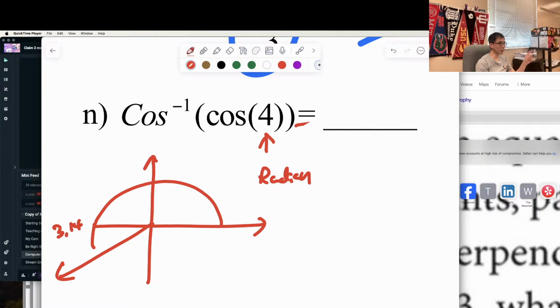Yeah, but what's cosine in quadrant 2? Negative. Why is 4 there? Well, that's a good question. You should ask that. 3.14 is right here because of pi, right? Pi is 3.14 radians.